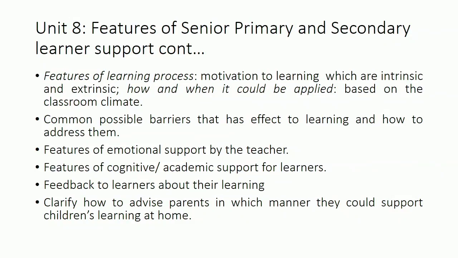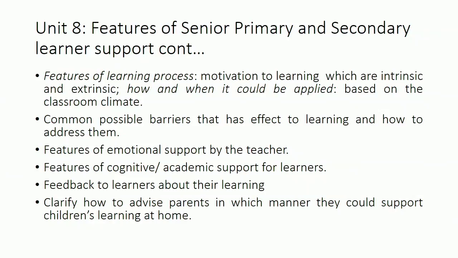how to address them. Some learning is influenced by what is not correct or what is done in the classroom. These possible barriers can affect learning and how can they be addressed. So it's very important to identify what those barriers are and what you can do about them.